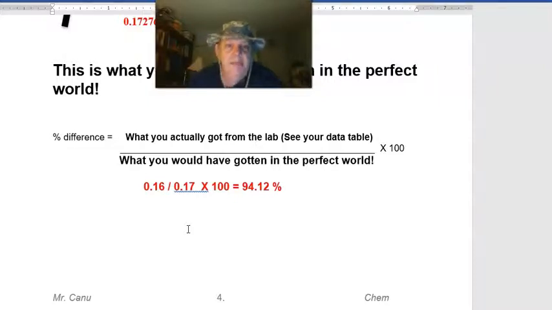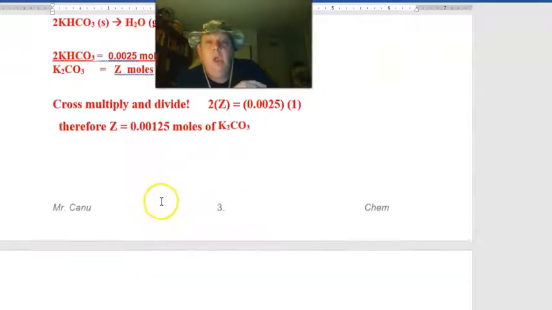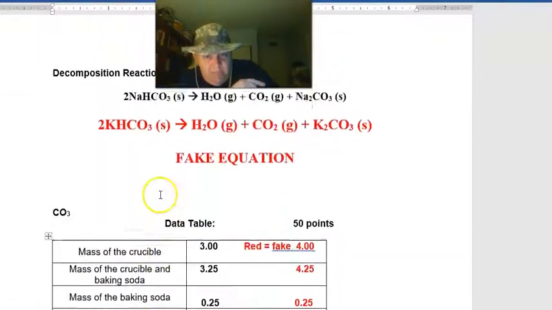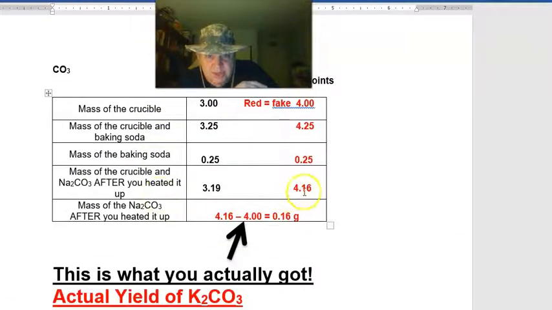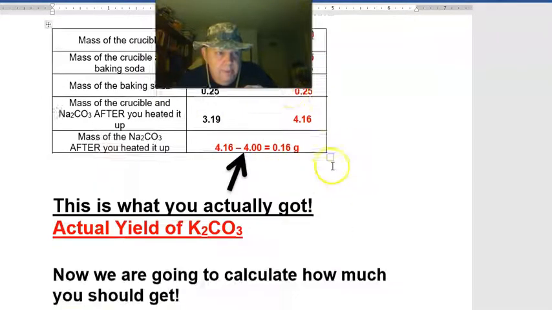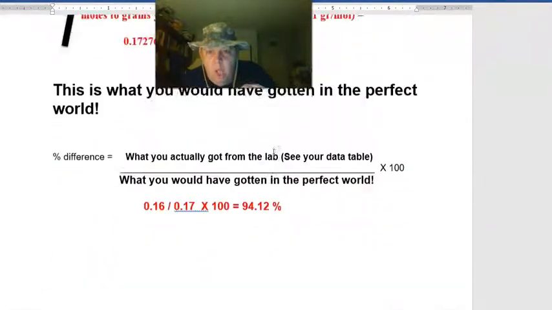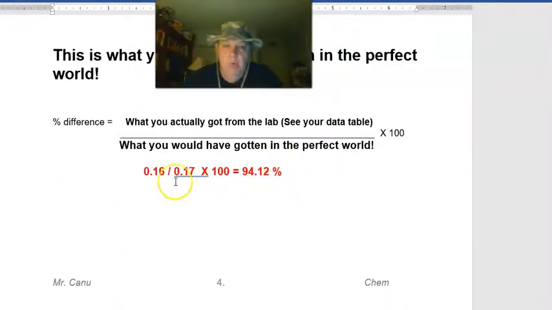So in my lab, wait. Where did that 0.16 come from? Okay, let's scroll all the way back up. That 0.16 is right here. This is your actual yield right here. Okay? We're going to scroll all the way down and we're going to take what we would have gotten in the perfect world.